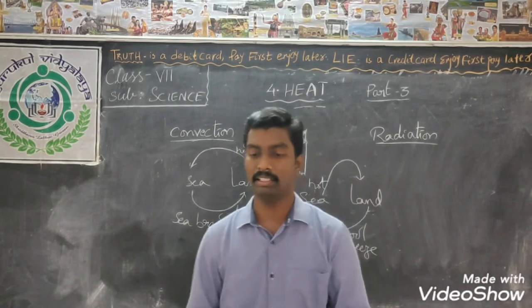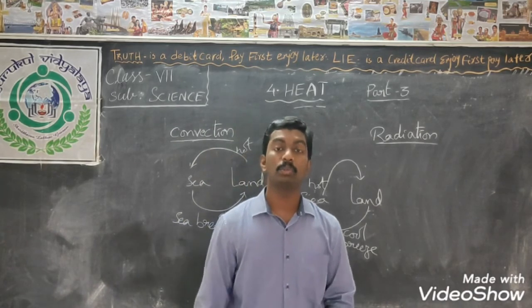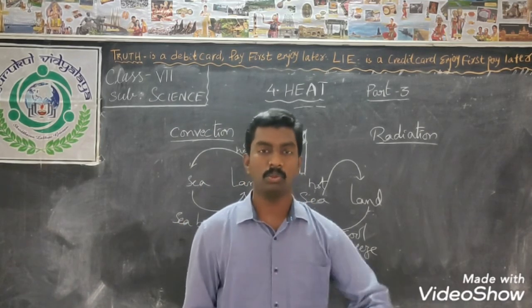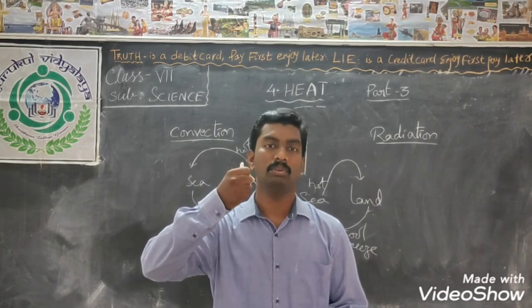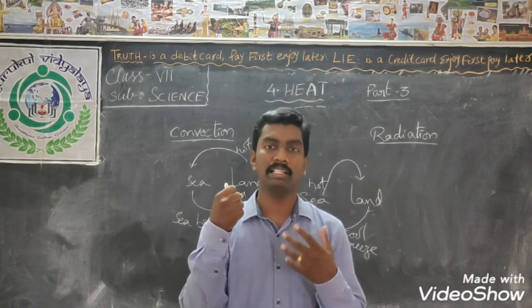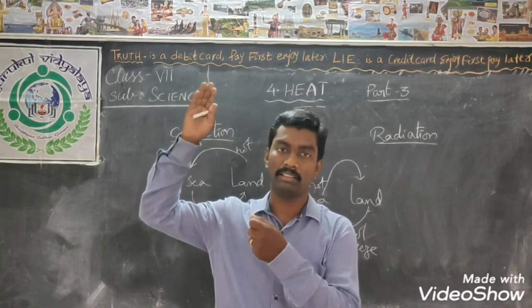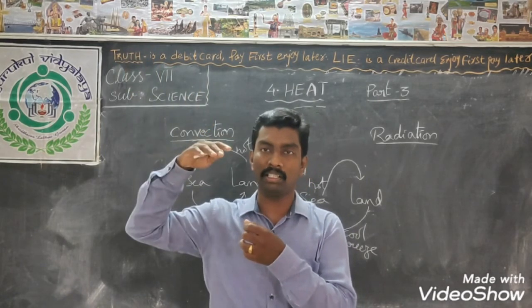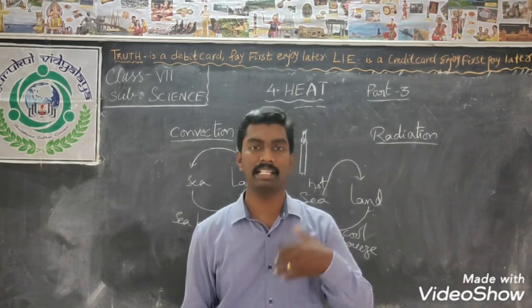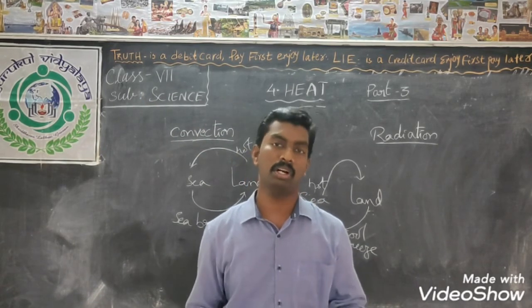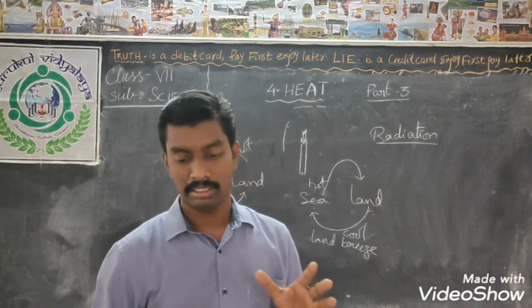That's why it is advised to take an umbrella when you go out into the sun. When we place an umbrella on our head, we won't feel that much heat. Why? Because the sun's heat falls on the umbrella and is reflected back, so it is not absorbed inside. That's why we don't feel that hot. So this is about radiation, the mode of heat transfer.